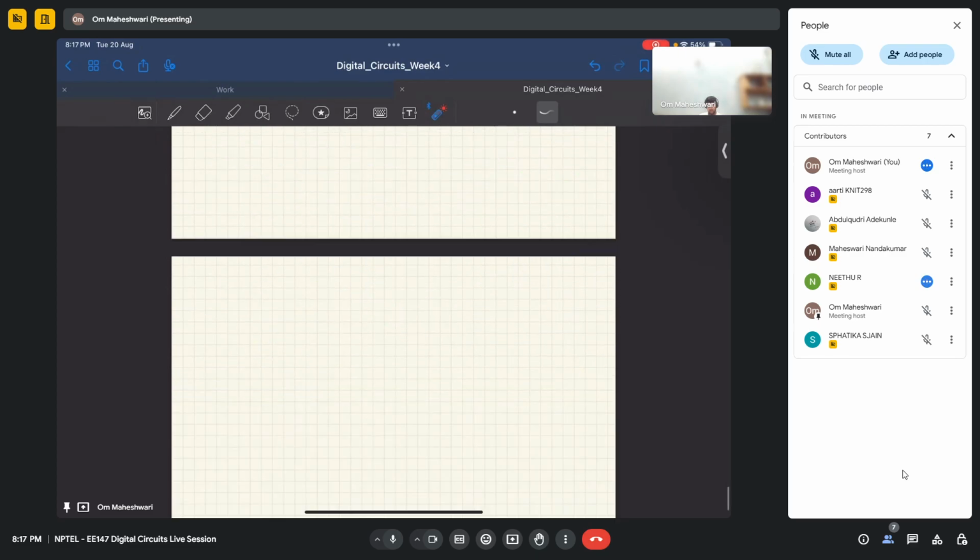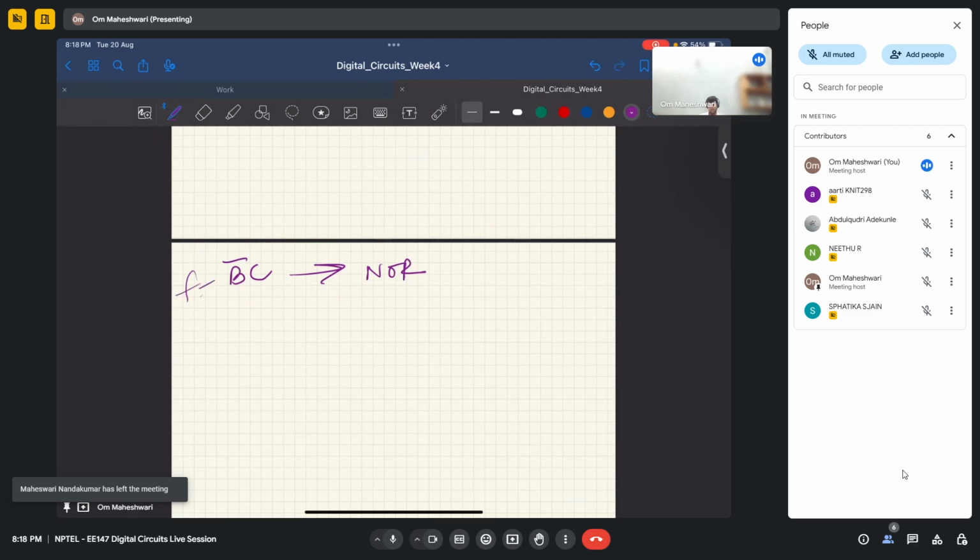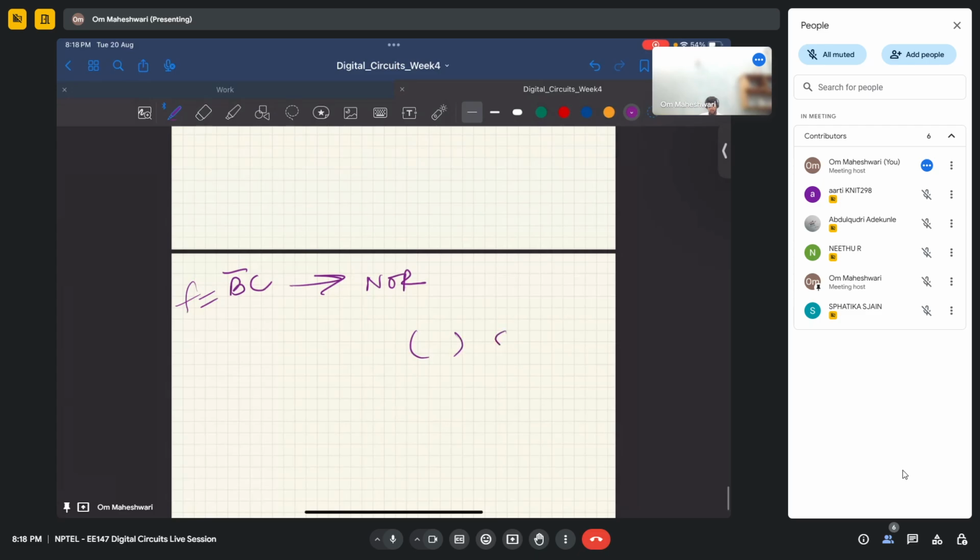Sir, say if it was B bar C, then it would become difficult how to do it with NOR. Then again, you need to do backtracking. How do you implement B bar C with NOR? Then you need to see, NOR is again, now you can do this, right? Which is B bar C. Now what will give me this? B plus C bar, right?